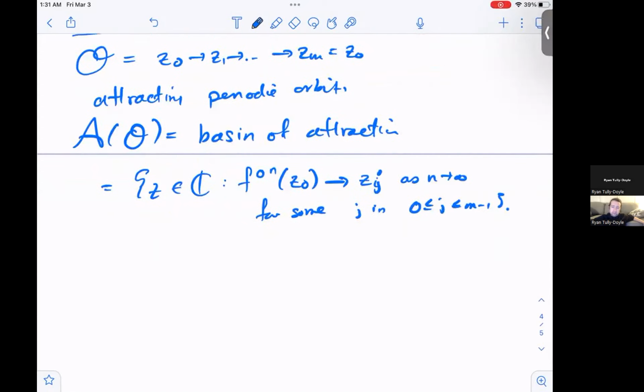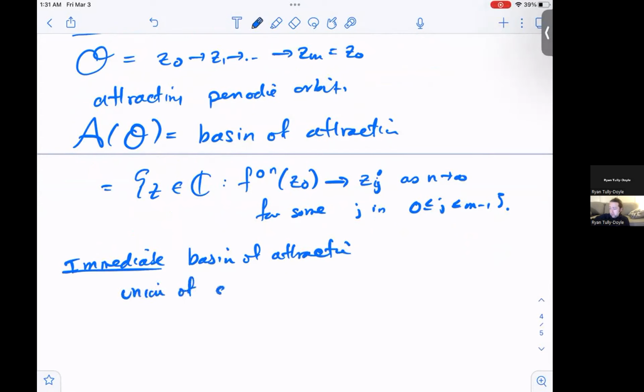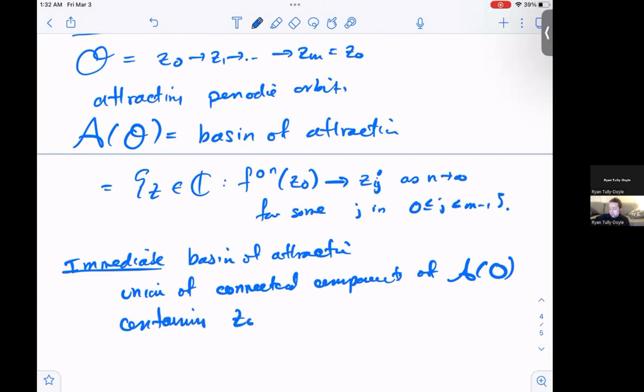And then the immediate basin of attraction, that's the union of connected components of this basin that contain the orbit, containing Z0, Z1, up to Zm minus 1.